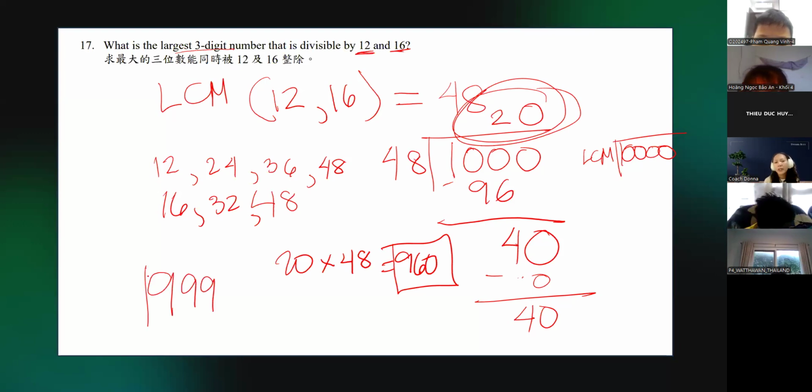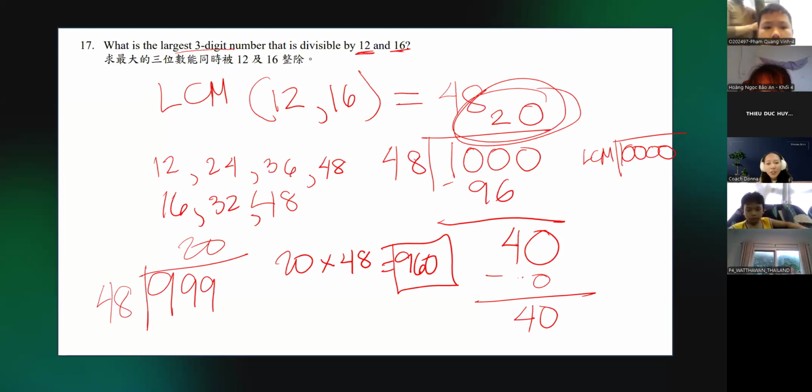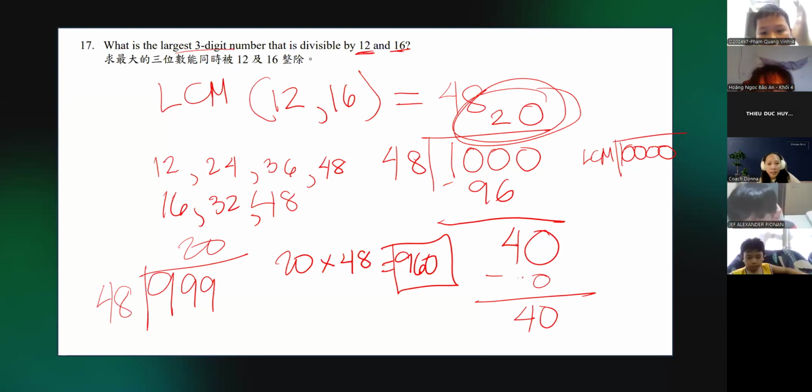It's still the same answer, right? You still get 20 here. Okay? What we want is the whole number. It's the same process. Jeff, I think you said something. Is the answer 960? Yeah, the largest three-digit number is 960.